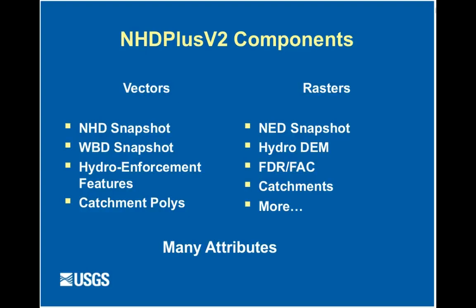NHD Plus also includes the actual features that were used to do hydro enforcement of the elevation data and the catchment polygons that are one of the major products. We also include the hydro enforced DEM, the flow direction and flow accumulation grids, a raster version of the catchments, and lots of attributes.